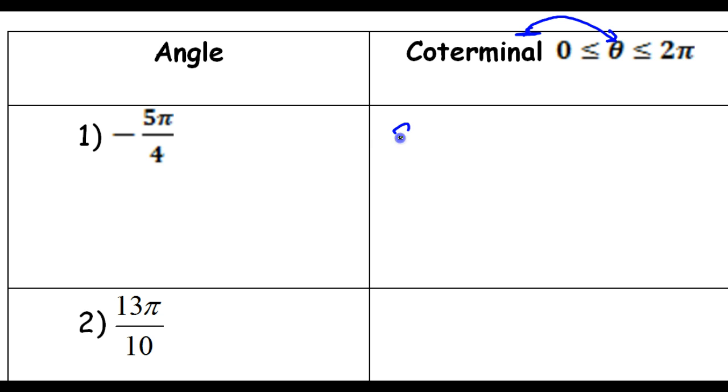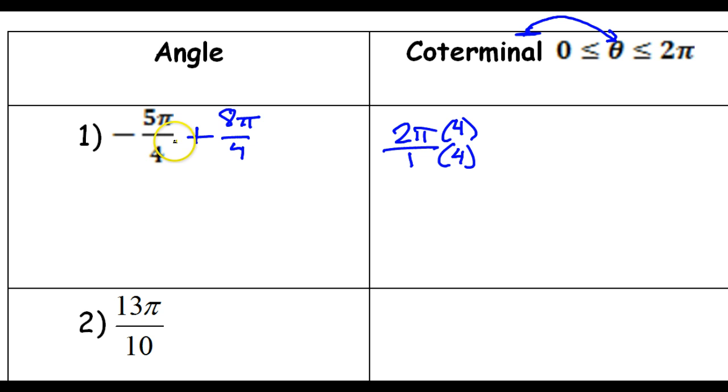Now before I do that, understand we need like denominators. So we need a denominator of 4. So you can think of it as multiplying the numerator and denominator here by 4. So that's going to make 8 pi in the top, so 8 pi over 4. So that's what we're going to add here.